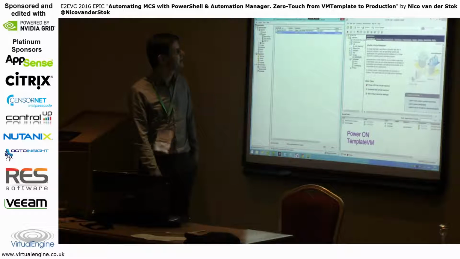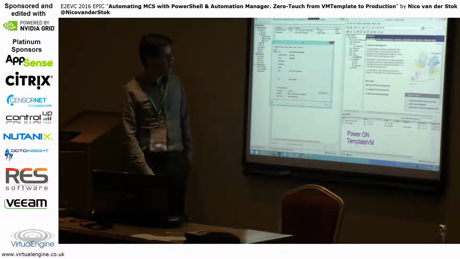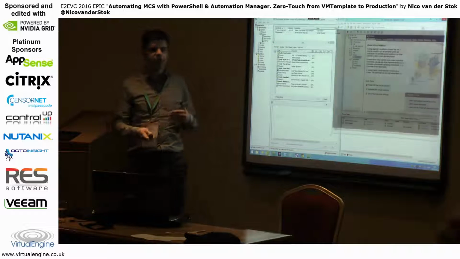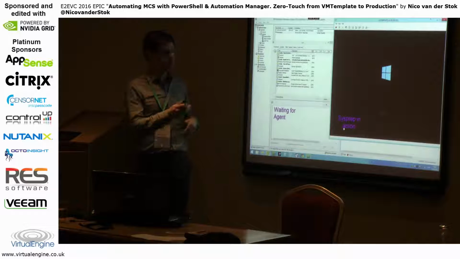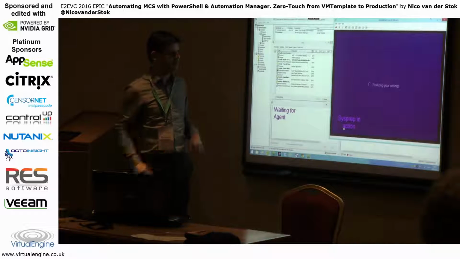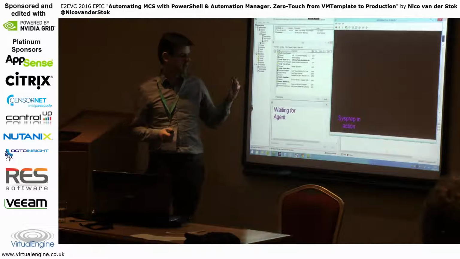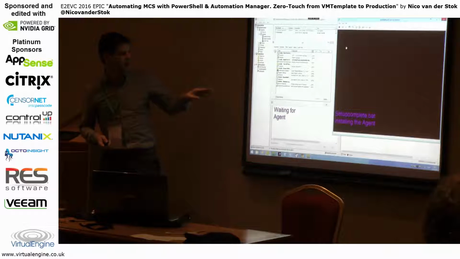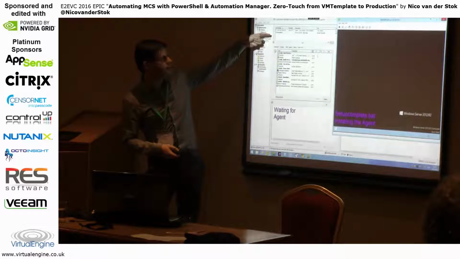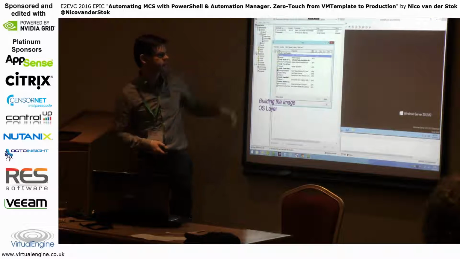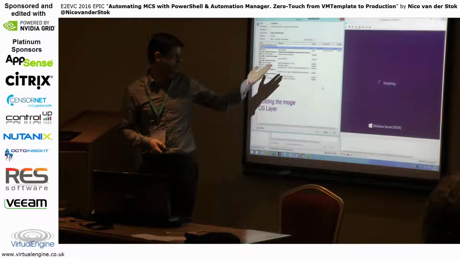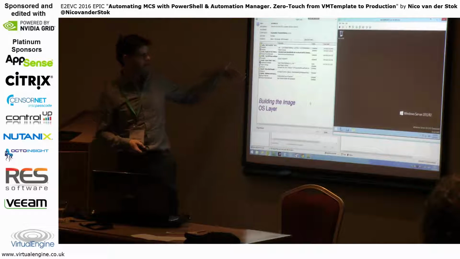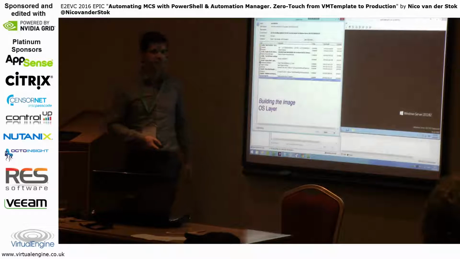Hidden layer. So now what will happen is when it powers on, the sysprep out-of-box experience answers will be put in. The Automation Manager agent will be installed by the setup complete. And meanwhile, here it's waiting for that agent to come online. So as soon as it comes online, which is just about now, it starts going through all my automation layers.